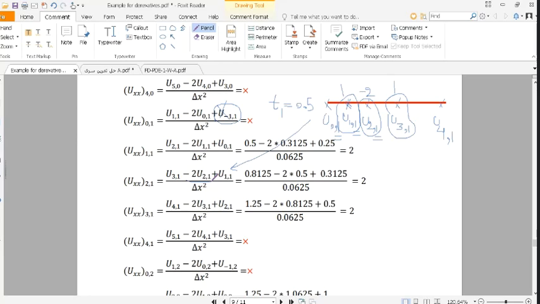By replacing the values of U, finally we have the result equal to 2. For the other points, a similar way is used for computing the uxx for the next lines under each other.